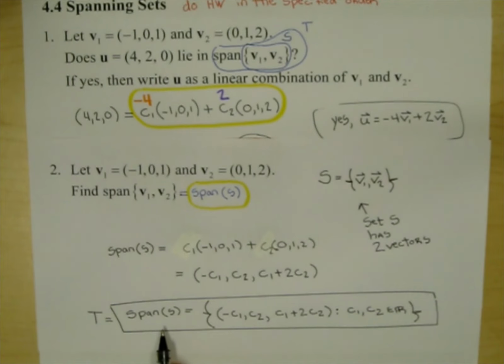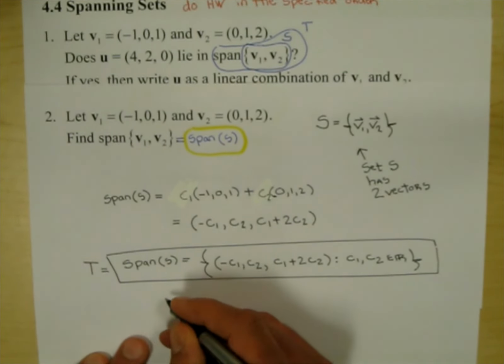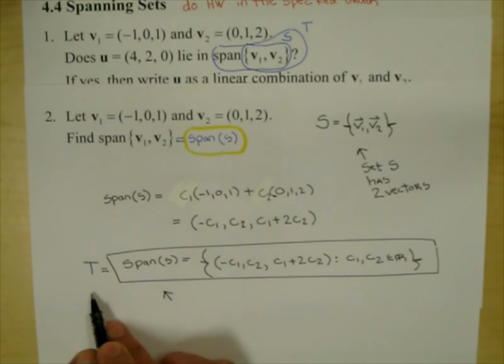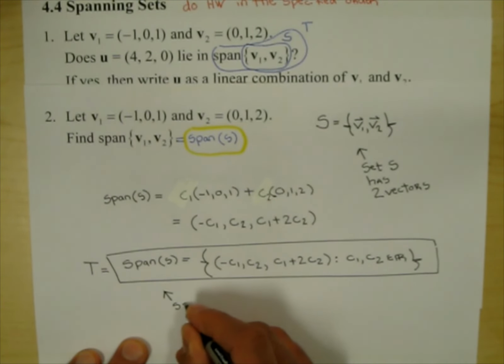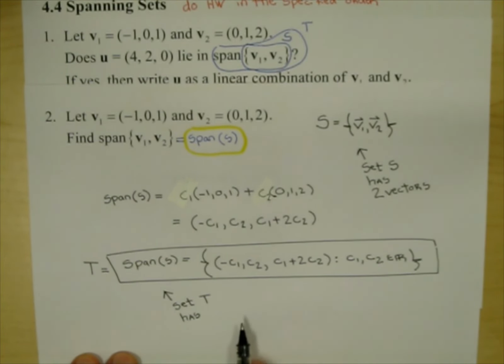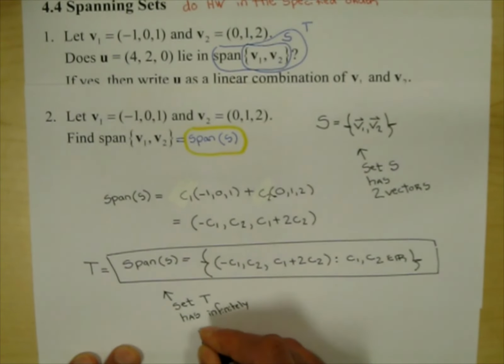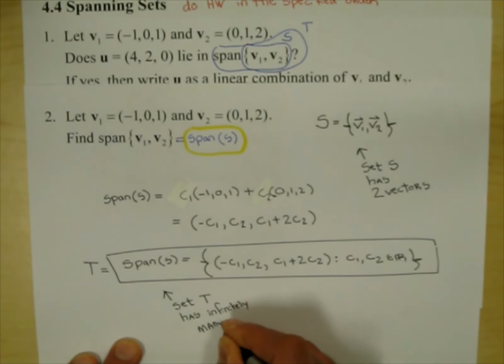Now here's the span of S. We can cover that up now, which I'm calling set T. Set T has how many vectors? Well, looks like infinitely many vectors.